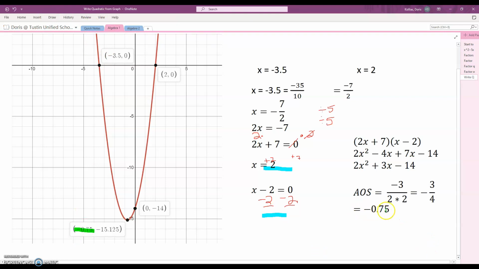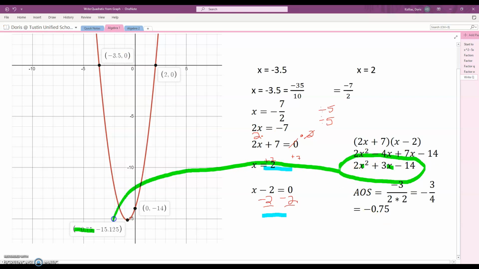I would plug this back in, that value, into my equation here for that x, and then I would follow the order of operations for this, doing the math to see, do I get this value for my y value of the vertex point.